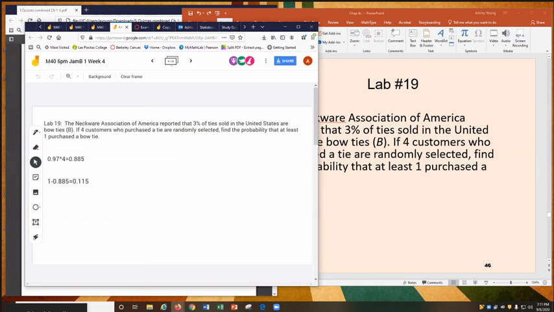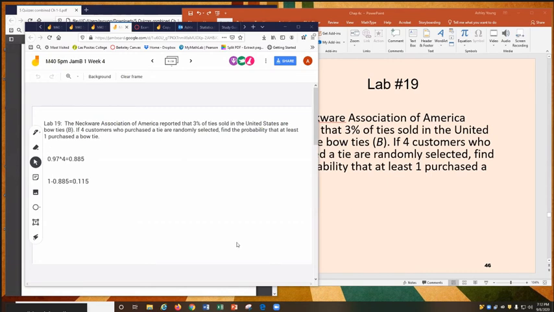So basically, since you're finding the chance that someone does not purchase it, and it's only 3%, you end up with 97%, and you have that 4 times, since 4 different customers come in, and you come out with 0.885. Then you subtract 1 minus 0.885, and you come out with 0.115.